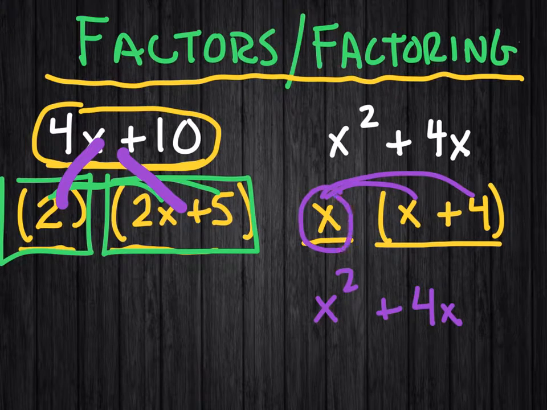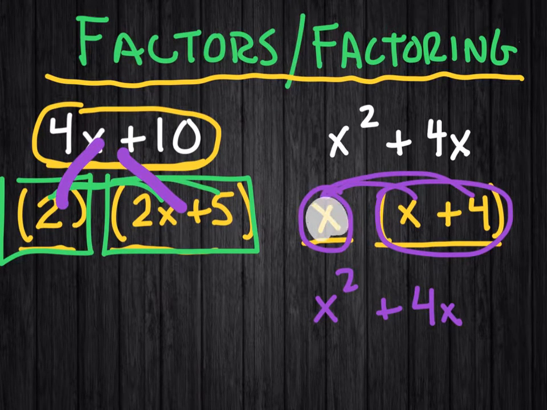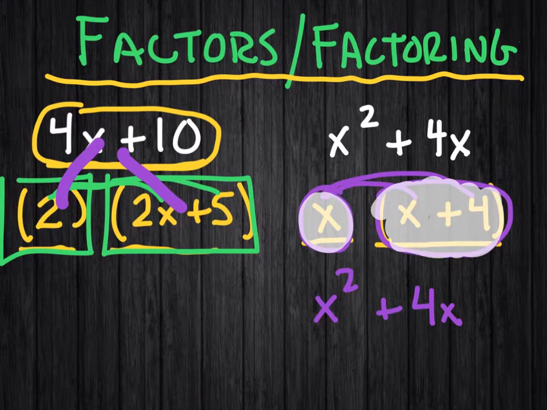This would be one factor, and this would be one factor. Factoring really is dividing. Do you see how that's what I'm doing? I'm dividing out the x, and by doing so I found out what the other item is. It's x plus 4. So together they multiplied to obtain that answer.